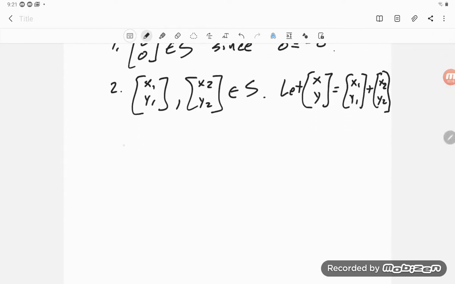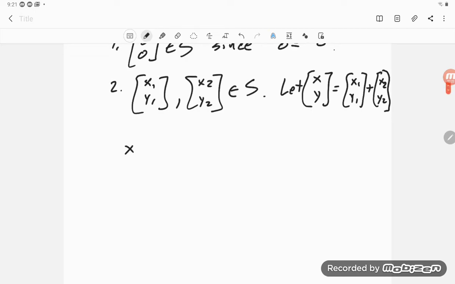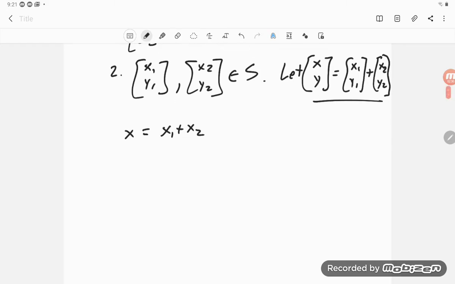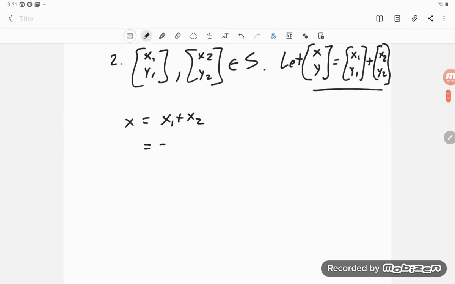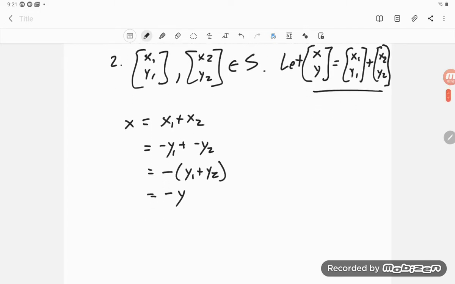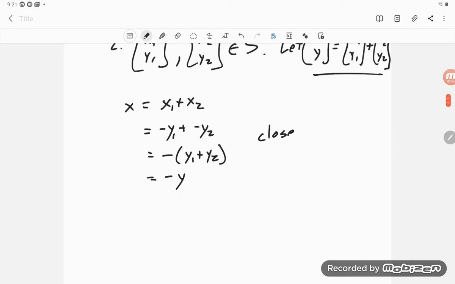Starting with x, x is equal to x1 plus x2. But x1 is equal to negative y1, and x2 is equal to negative y2. And so this is the negative of y1 plus y2, but that is just the negative of y. And so indeed, it's closed under addition.